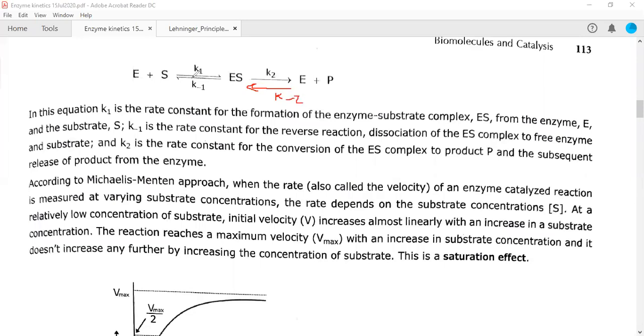Simply, you can assume from here, this is K minus 1, this is K1, this is K2, this is K minus 2. So this can happen actually. This is a possibility. But this is a very rare possibility. This is generally not happening at all, meaning the probability is very, very small.